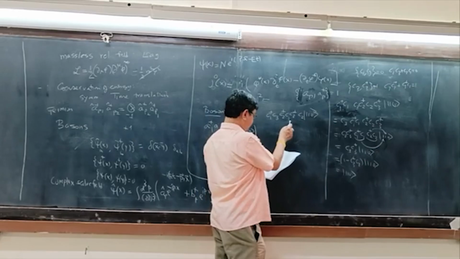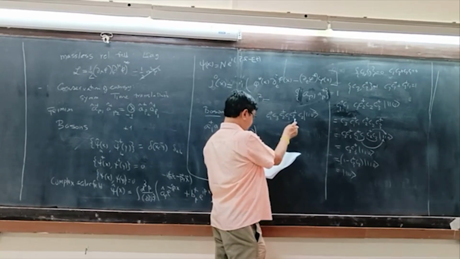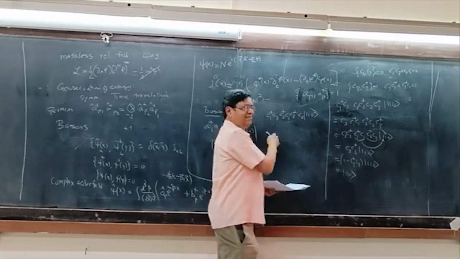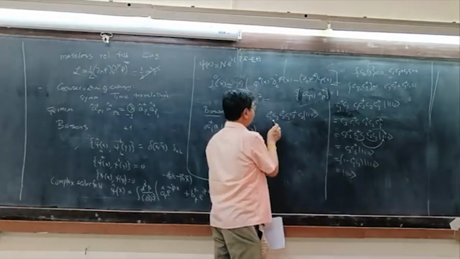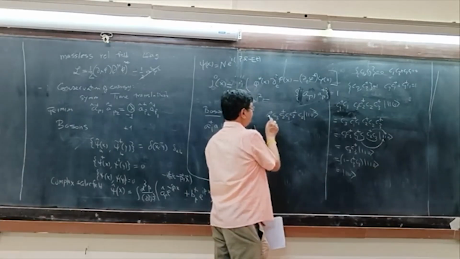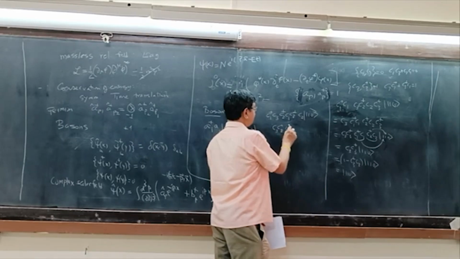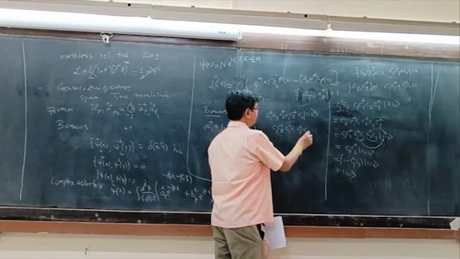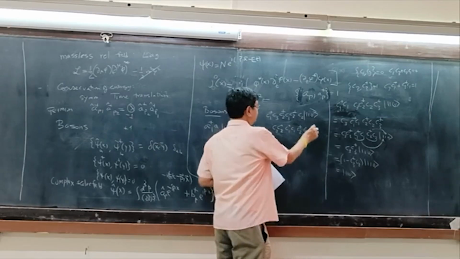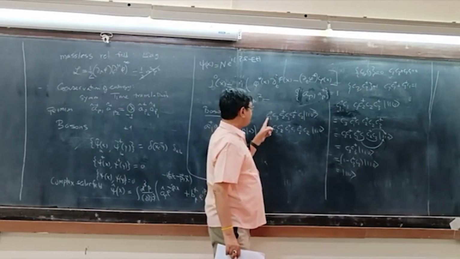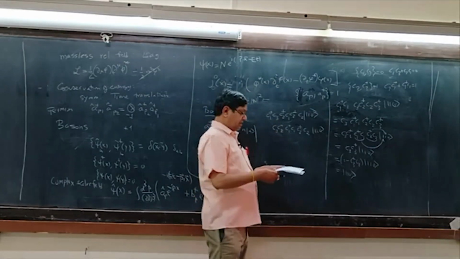So I am bringing C3 and C3 dagger. So this one goes to the right. Well, let's do it, since we are doing it for the first time. So this one to the right, another right. So two right, C3, C2 dagger, C1 dagger, C1, C3 dagger, C2. Okay. This is the same sign because C1 hopped twice.